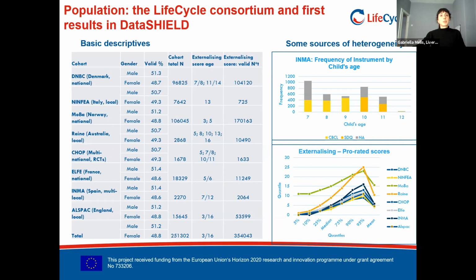The table on the left presents the cohorts that we have had access to up to now, for a total of 8 studies. We have the Danish National Birth Cohort in Denmark, the Nascita study in Italy, the MoBa study in Norway, RAINE in Australia, CHOP, which is a multi-center cohort that was built on randomized controlled trials, and then ELFE in France, INMA in Spain, and ALSPAC in the UK.